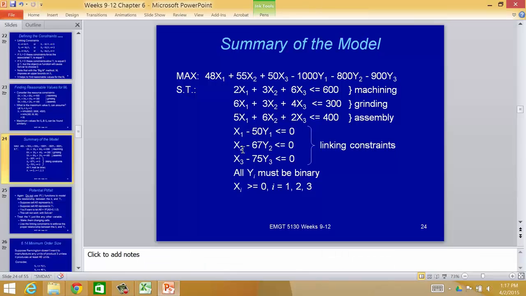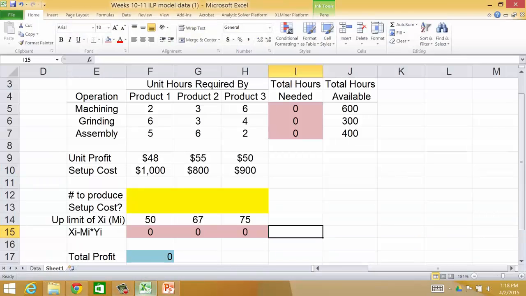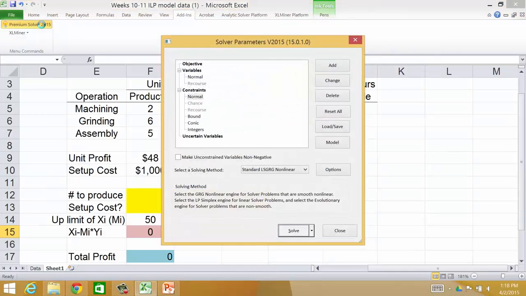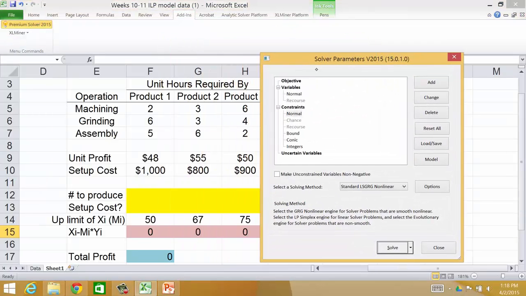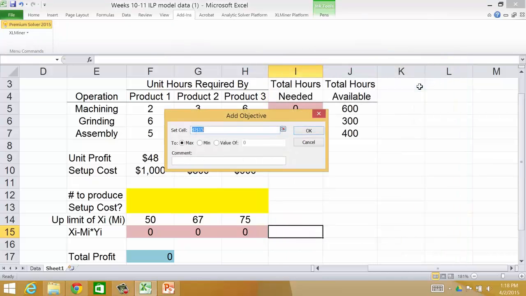Now we took care of these constraints, and what will be left are the xi's being integers, yi's being binaries, and xi's greater than or equal to 0. That needs to be defined in solver. So let's go to the solver. The objective is the total profit, and we want to maximize it.